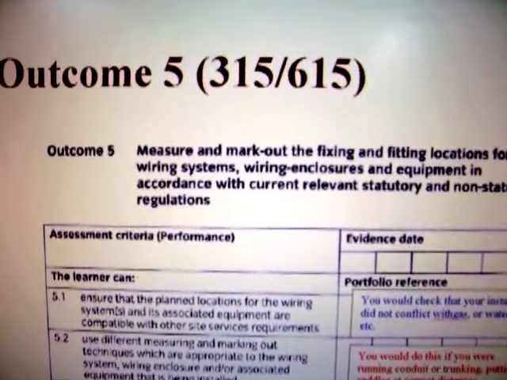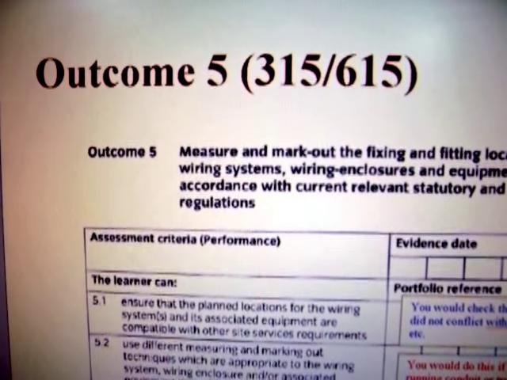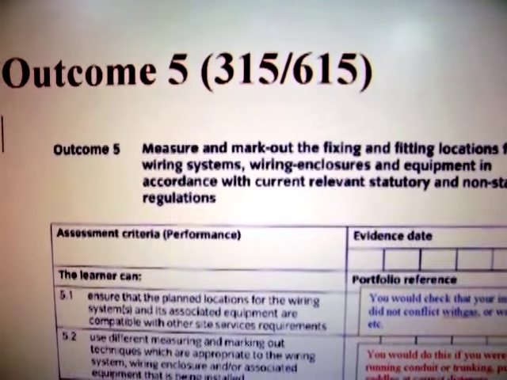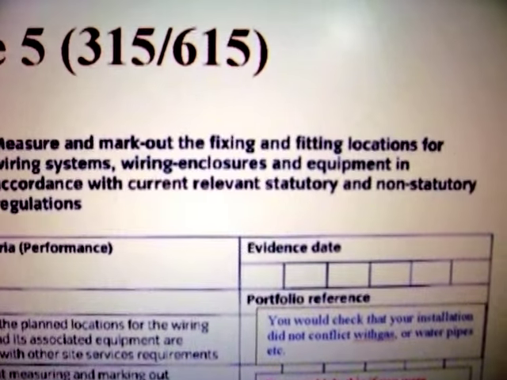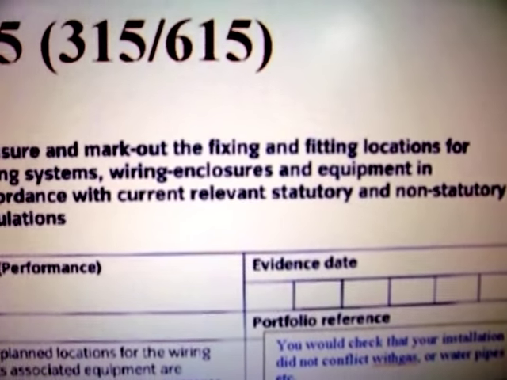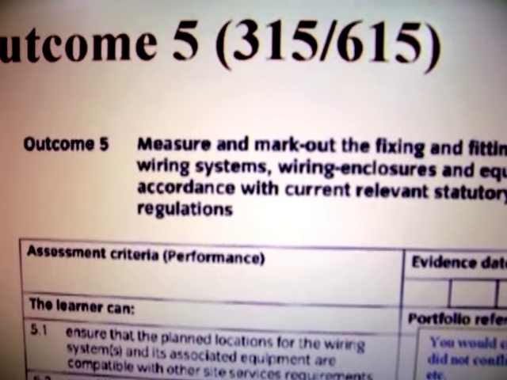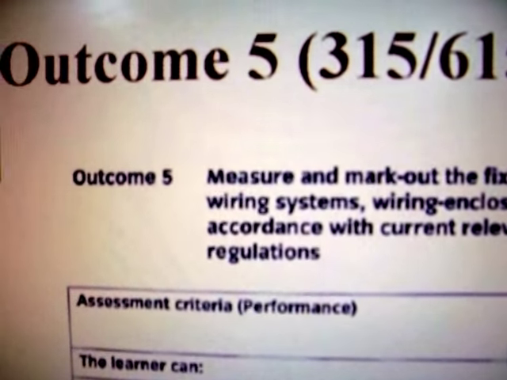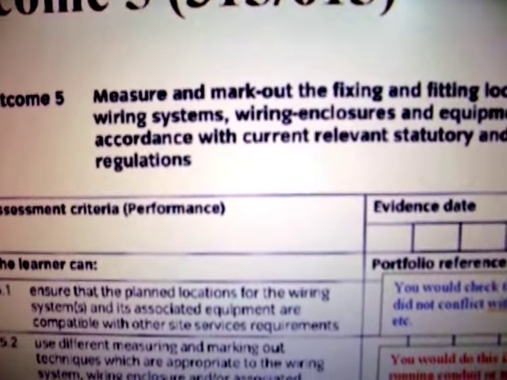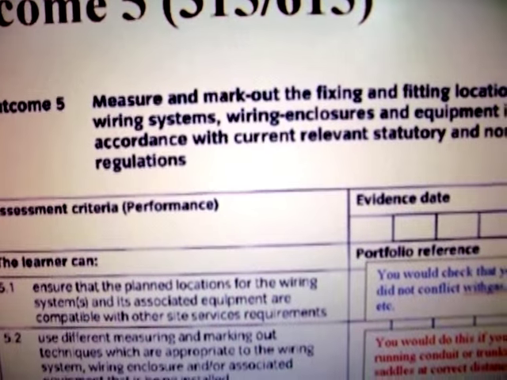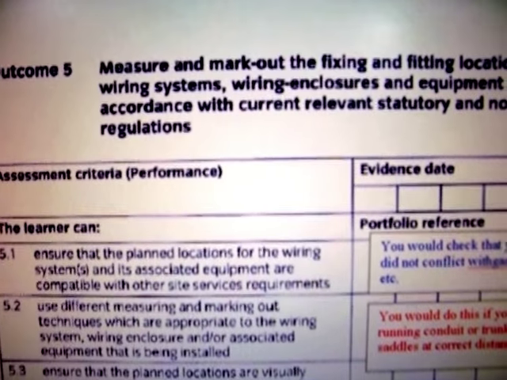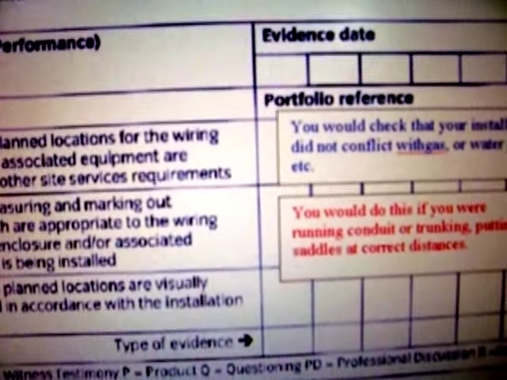Hello again, welcome back. We're going to look at outcome 5, 315, in some cases 615, and just to show you where we're at and the requirements for outcome 5. Now I've simply put this as a copy instead.